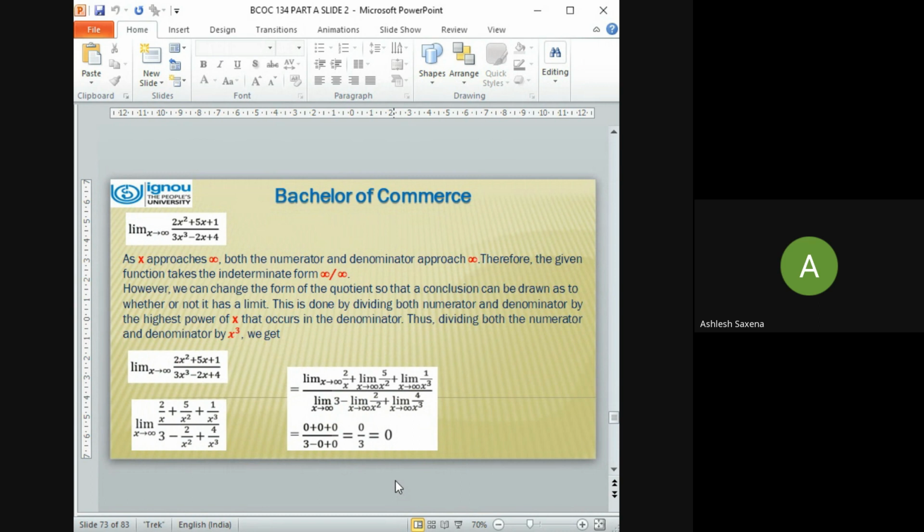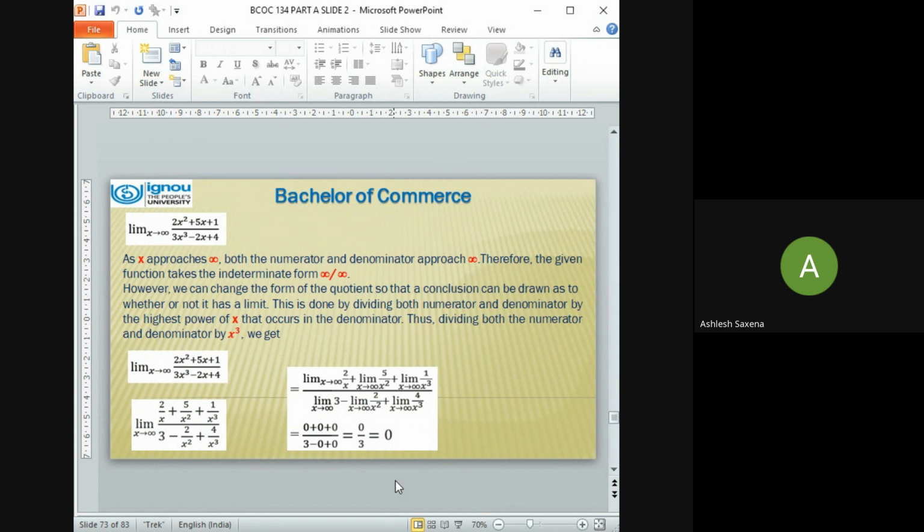What to do in that case? Straight away, in the numerator or in the denominator, see the maximum value of the power. In the numerator, maximum power is 2, and in the denominator, power is 3. So straight away, without thinking of anything, you divide numerator and denominator by x cube.